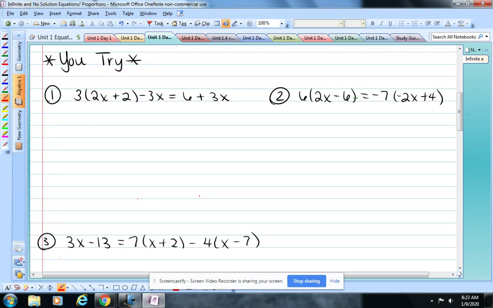That's a 2 down there. It just looks stupid. Still looks stupid. You get stuck, let me know.